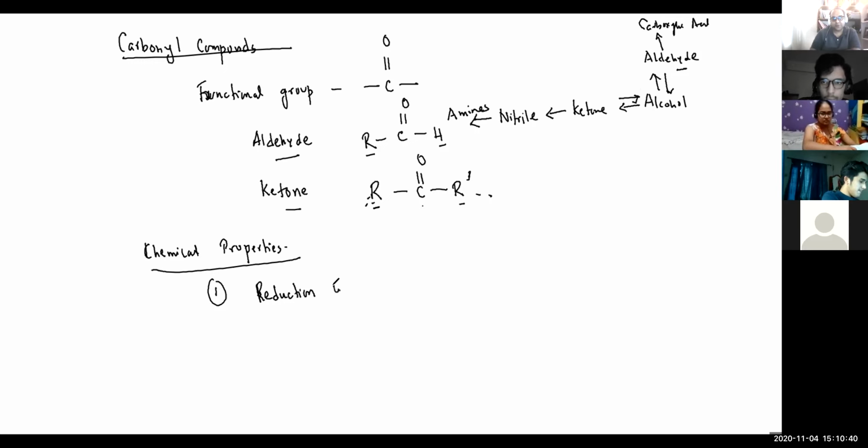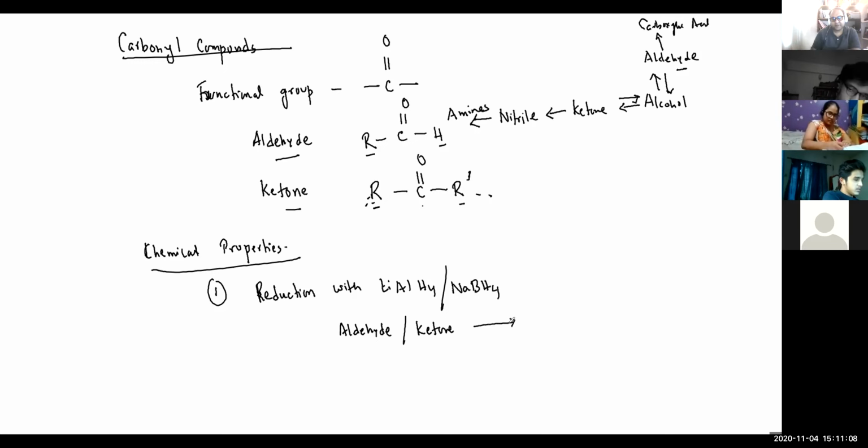So reduction with LiAlH4 or NaBH4: aldehyde or ketone gets converted to alcohol.